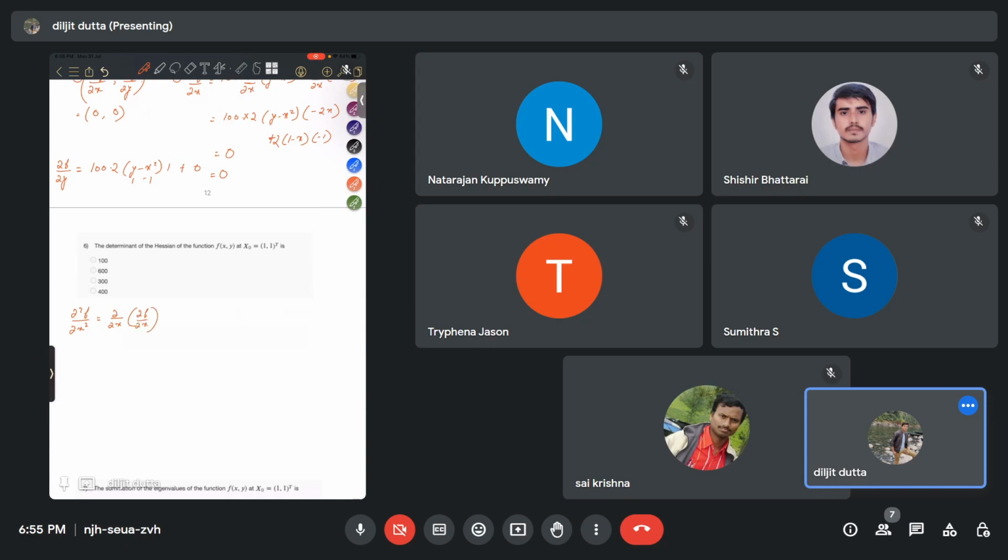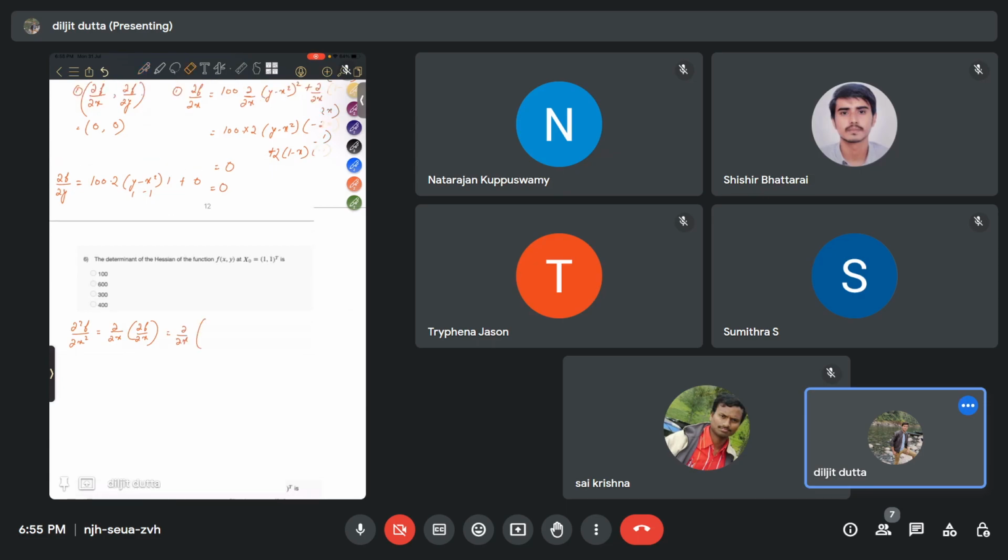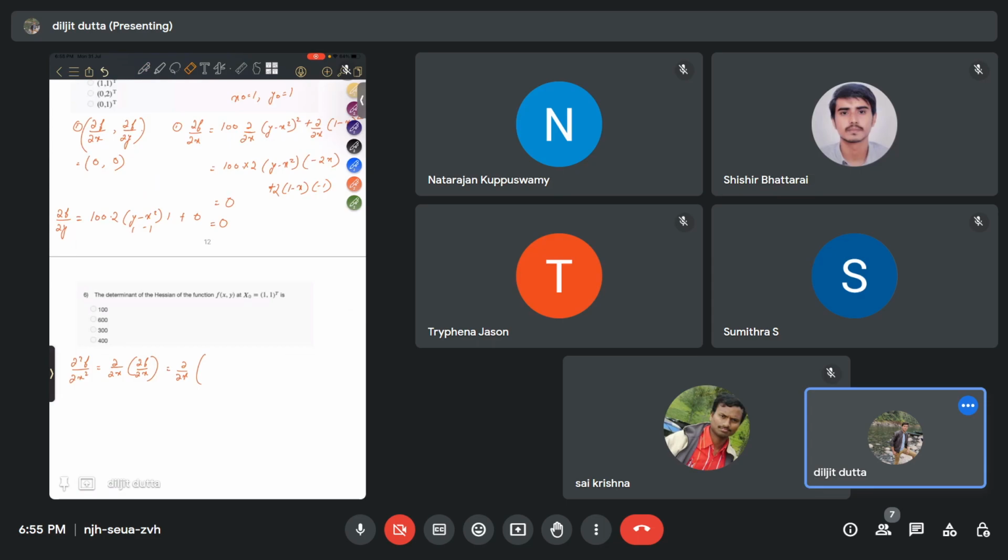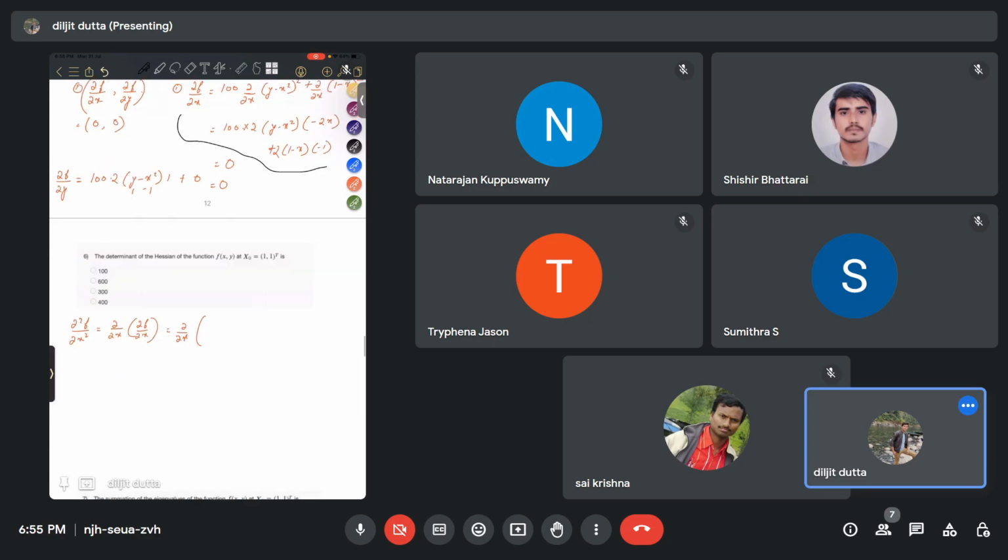so how do we do this? It will be del by del x into, we have del f by del x from this equation, so we'll substitute that. It will be minus of 400 x into y minus x square minus of 2 into 1 minus x. So we take del by del x.